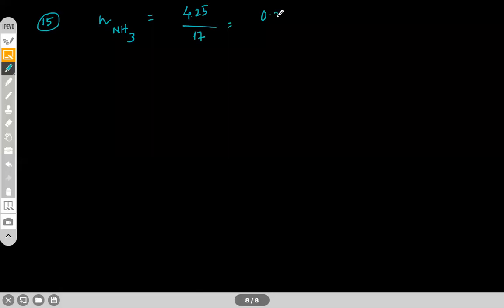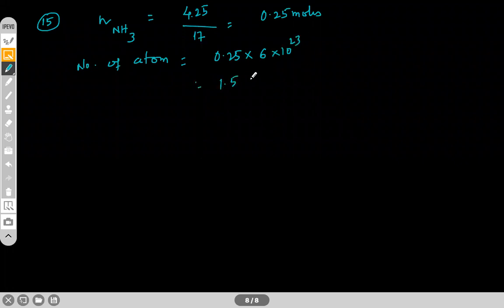So this is 0.25 moles. 1 mole is equal to Na. So the number is 0.25 into Na, which I am approximately taking as 6 into 10 to the power 23. So it is 1.5 into 10 to the power 23.